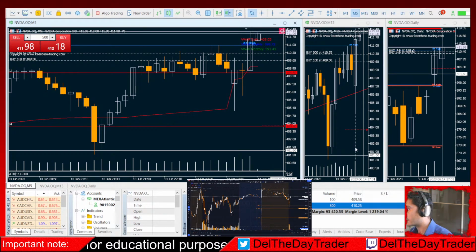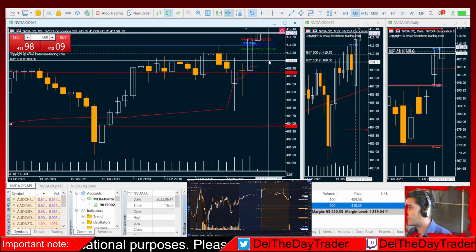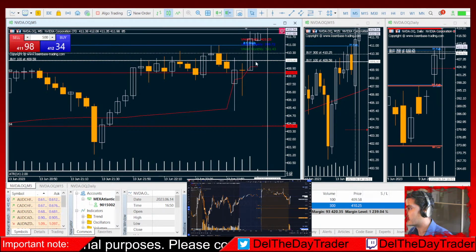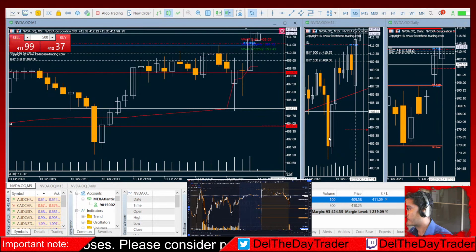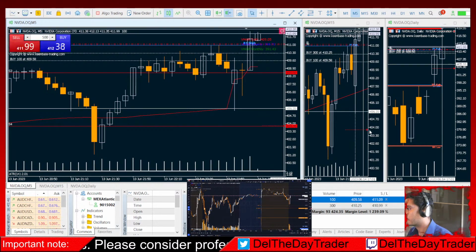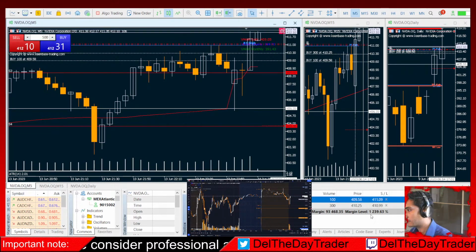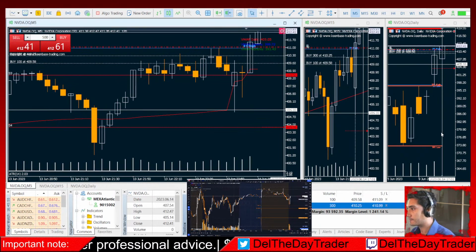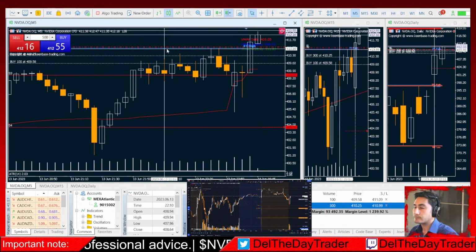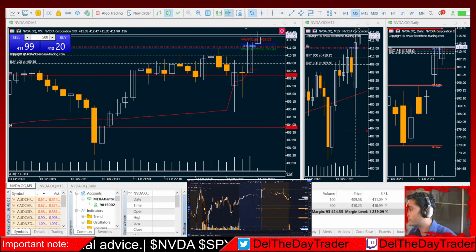So here, and the stop for this two, let's see. 150 actually, and this one as well, 150. So I'm in profit and looking into 1% gain today.